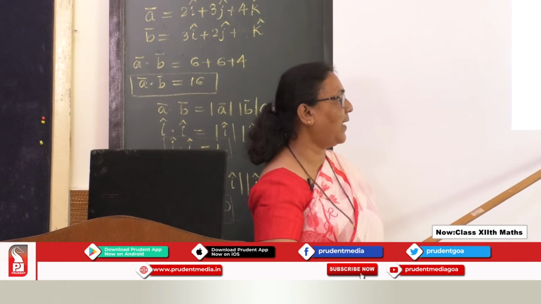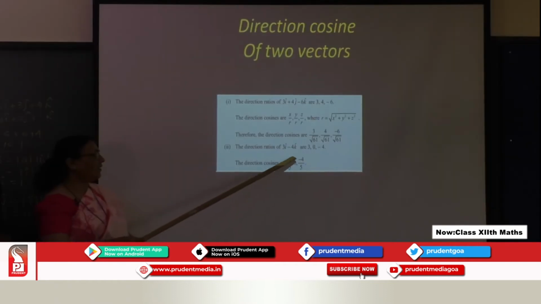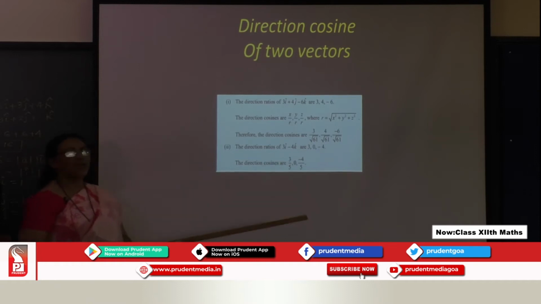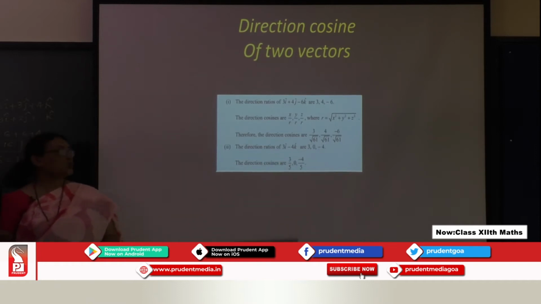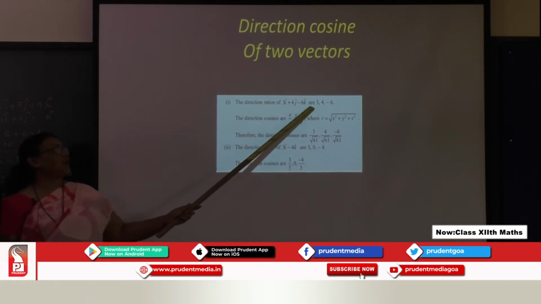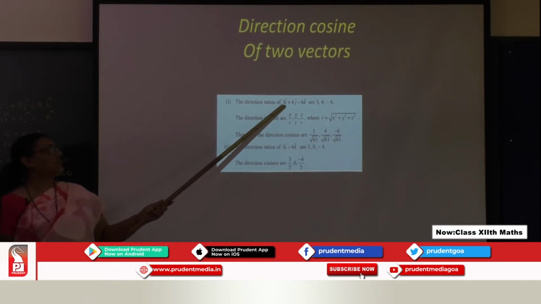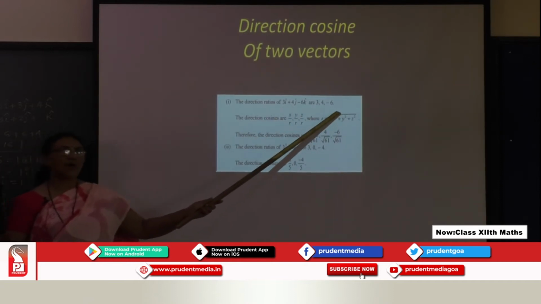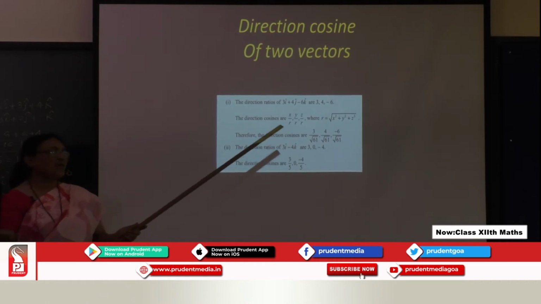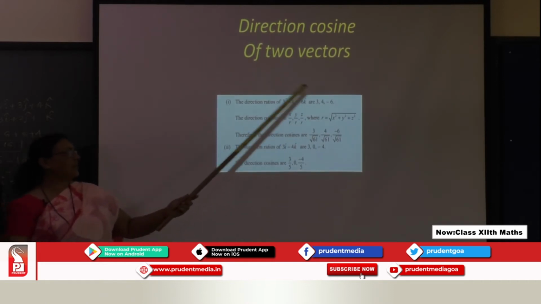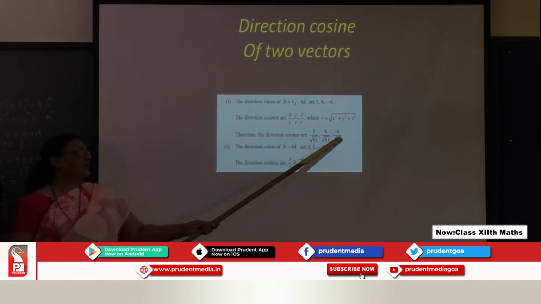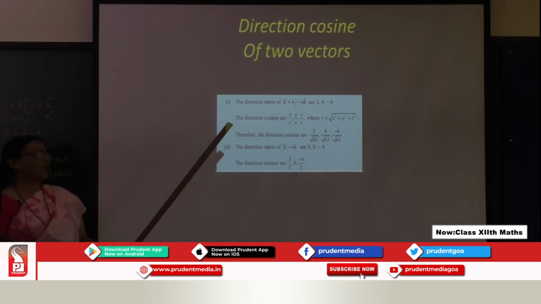When you divide the direction ratios by 5, these are called direction cosines. So what are direction ratios? If the vector is given in this form, the coefficients here, 3, 4 and minus 6, are called direction ratios. When you take the magnitude and divide by that magnitude, then it is called direction cosine.